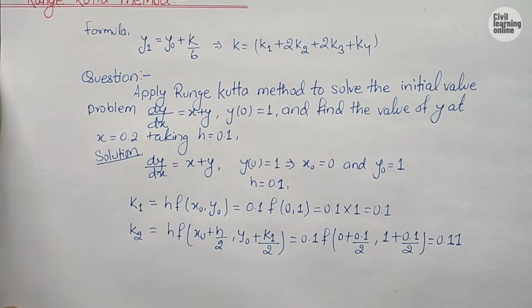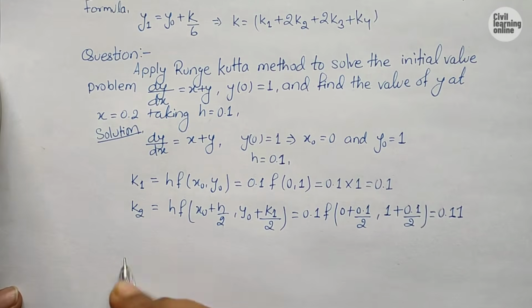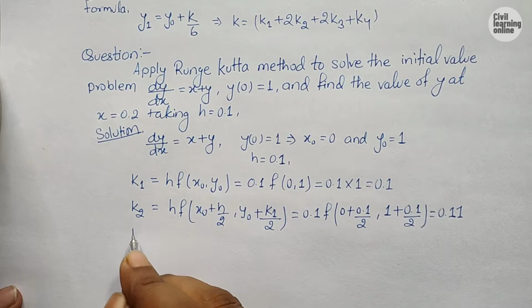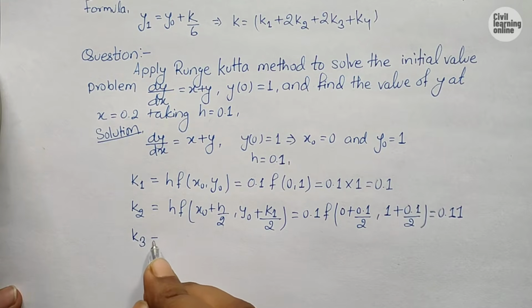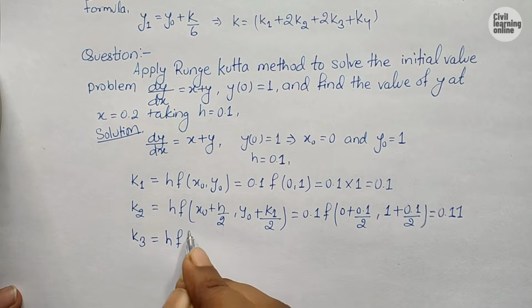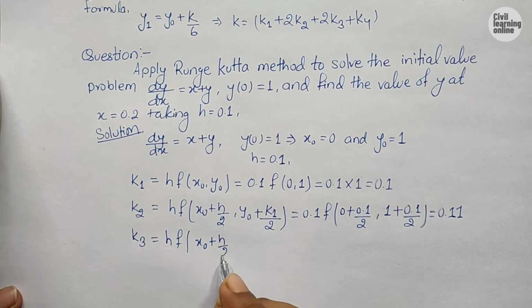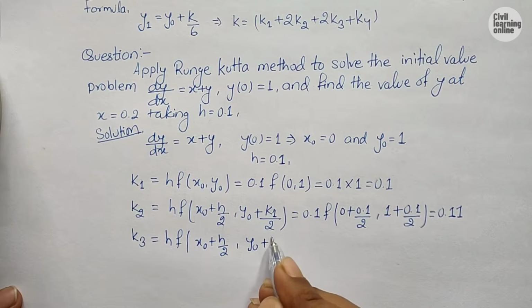Now time to calculate the value of k3. So we will have here k3 equals h f(x naught plus h by 2, y naught plus k2 by 2).